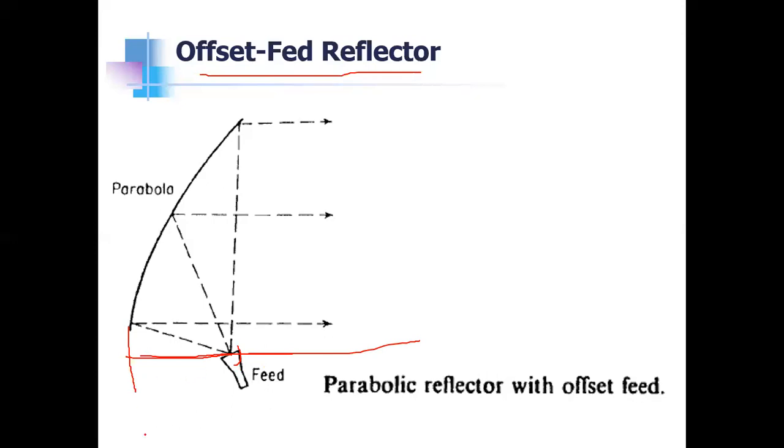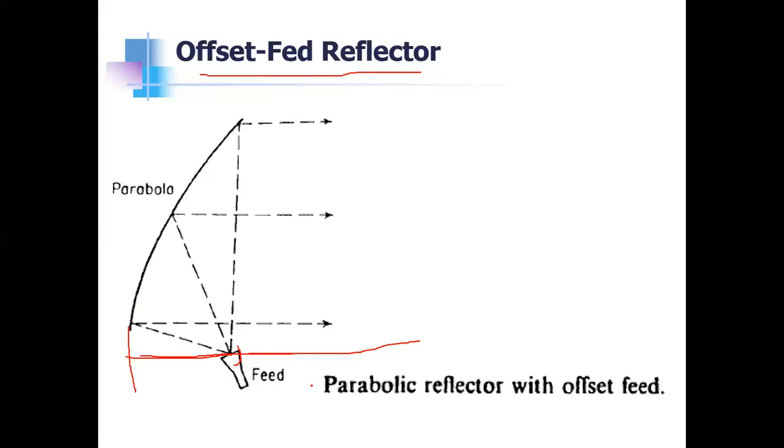The lower half of the parabolic surface is actually removed. Only the upper part, the part seen in this figure, is actually contributing to the reflections, right? So the feed is outside the path of the energy reflecting from the antenna surface, hence there is no aperture blockage.